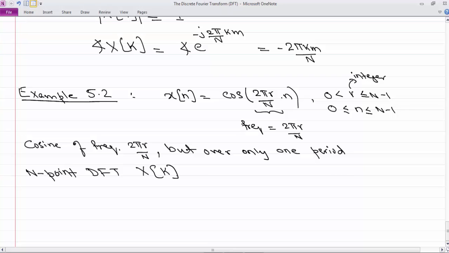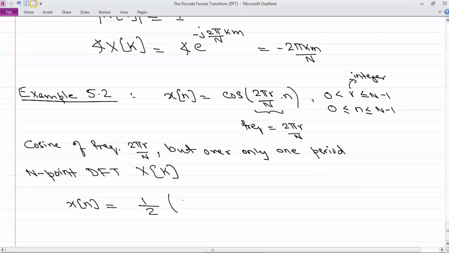To compute that, because of the nature of the DFT formula, it's always preferable to express your sequences in complex exponential form. So we'll first write, using Euler's identity, this cosine in terms of complex exponentials.